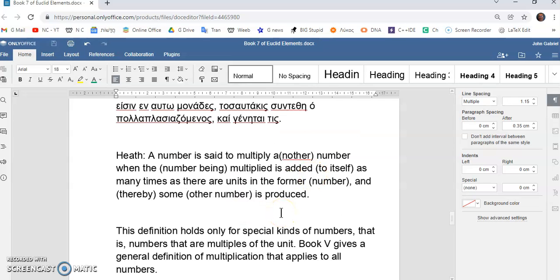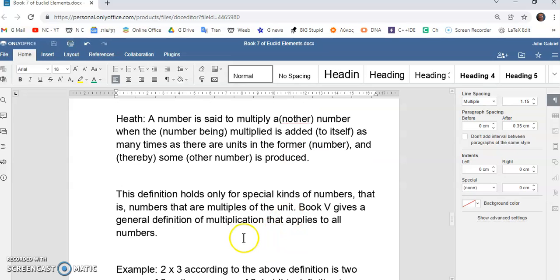Now, we need to be very careful with this definition because it might seem that Euclid is generally defining multiplication here. He isn't. That has already been done in book 5. So all he is doing in definition 15 is defining a special kind of multiplication between special kinds of numbers, okay? Those are still numbers, but they're numbers that are multiples of the unit.